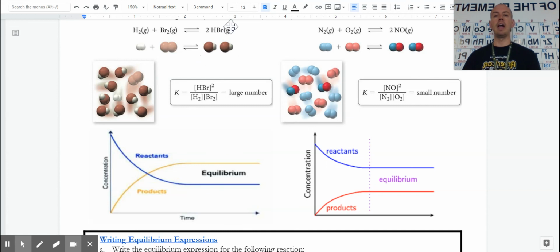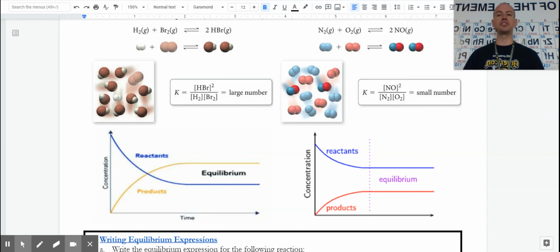This equilibrium lies to the right. We can also, when thinking about stoichiometry, say this reaction goes fairly far to completion, meaning it almost turns all of our reactants into products. This one does not go very far to completion. We still have mostly reactants when we are at equilibrium.